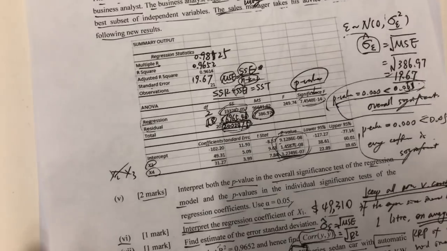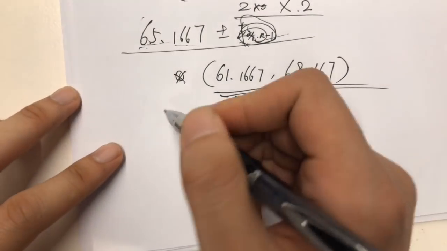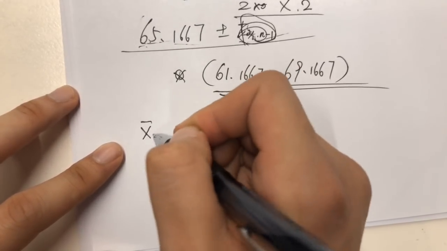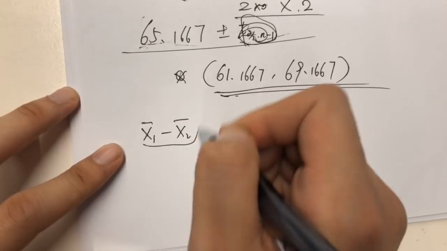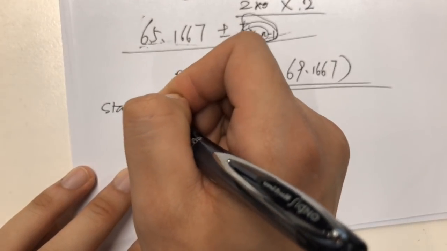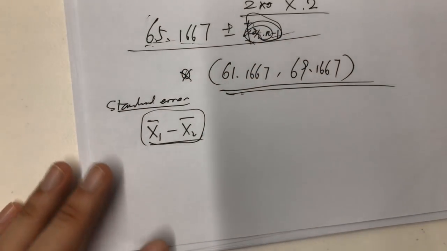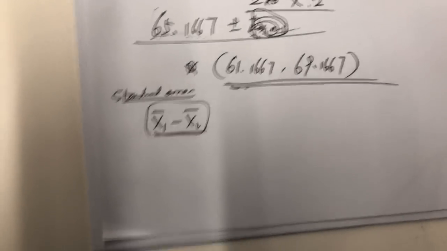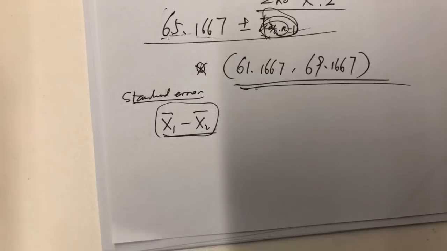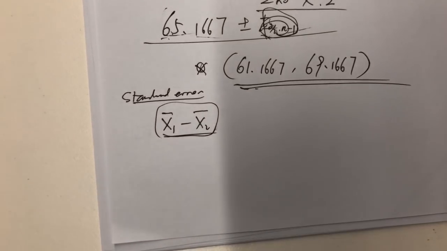For example, in your calculation, they are probably asking you to calculate the standard error of x1 bar minus x2 bar. So what would you do? They are not asking you to calculate a confidence interval, right?